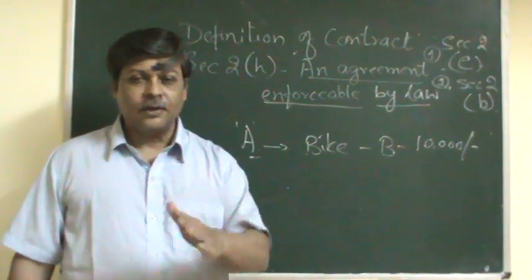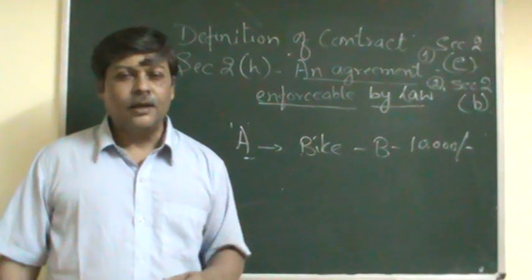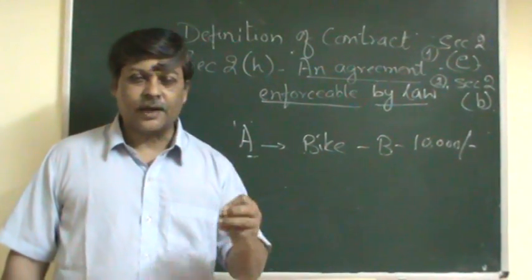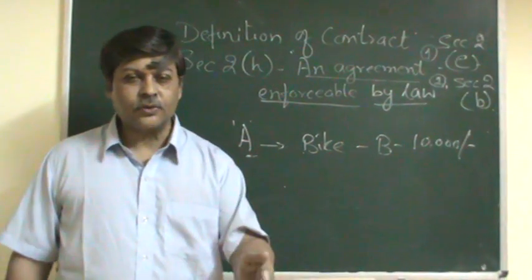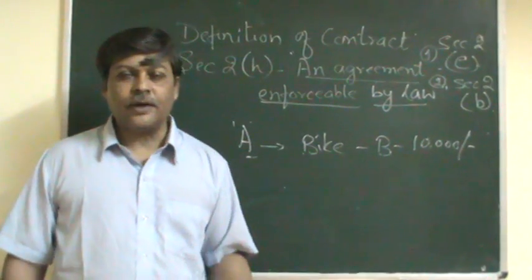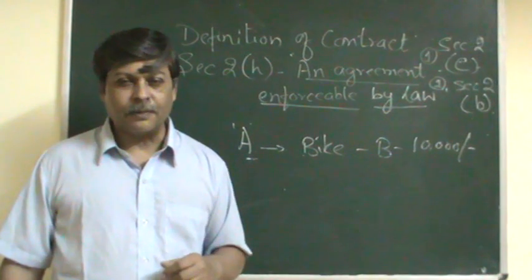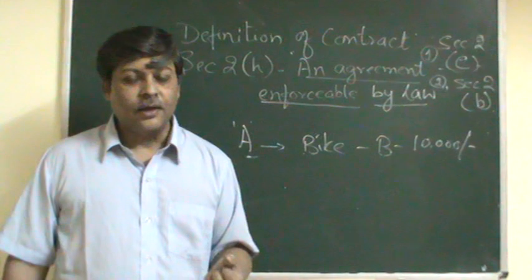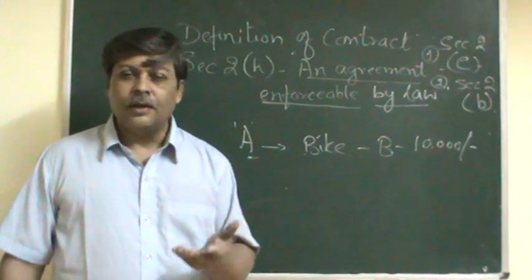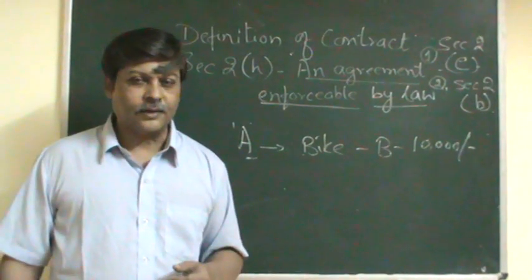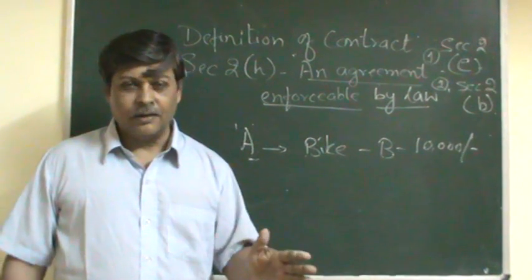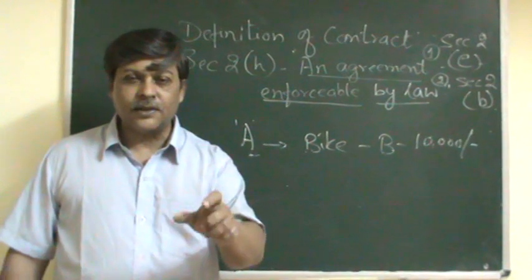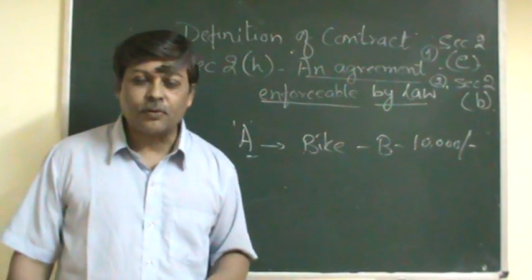Z accepts it, and says that he will join Y at the restaurant at the scheduled time. Y goes to the restaurant, but does not find Z turning up. So Z had agreed that he will join, but he did not turn up for the dinner. Can Y go to the court of law and file a suit against Z for not keeping up his promise?